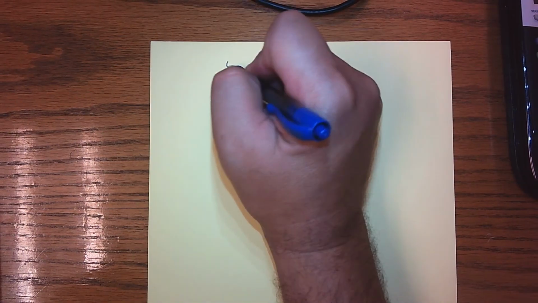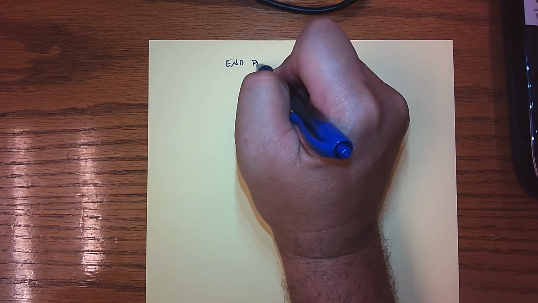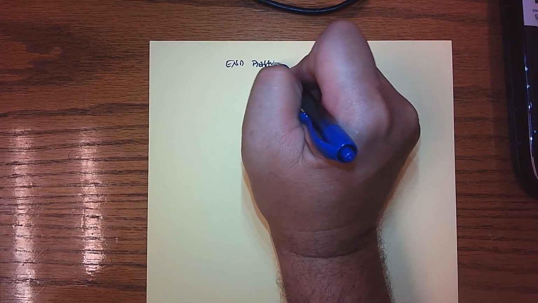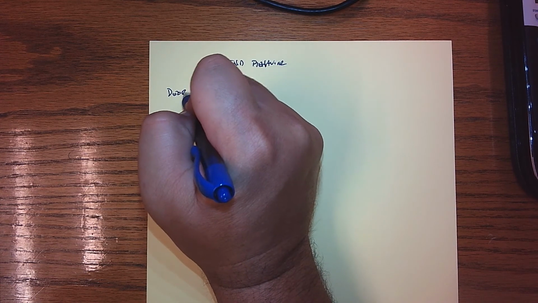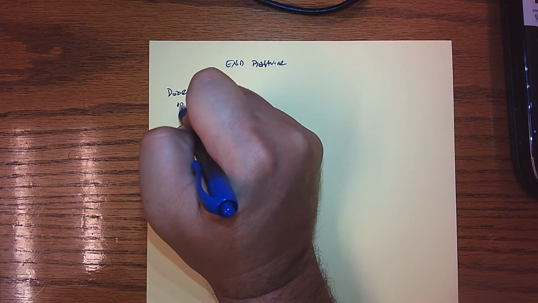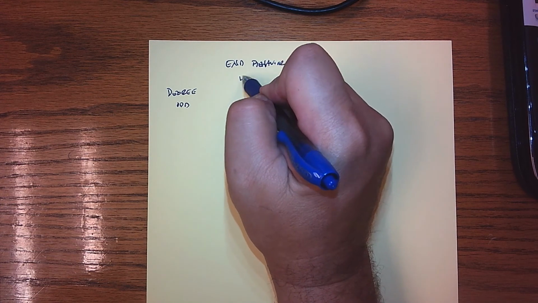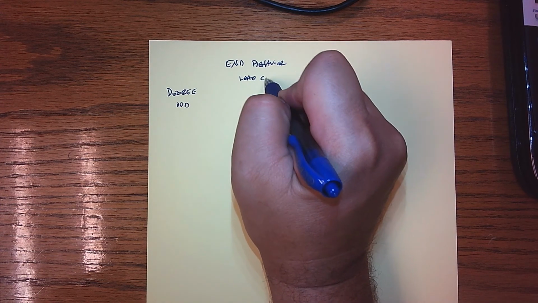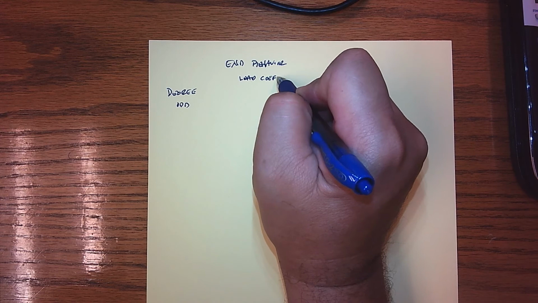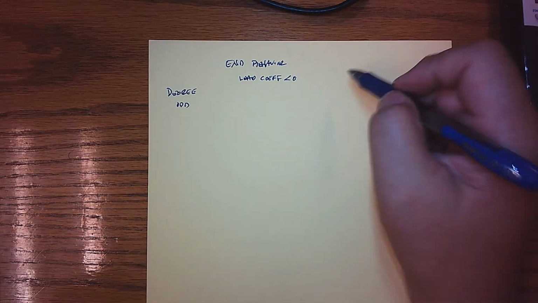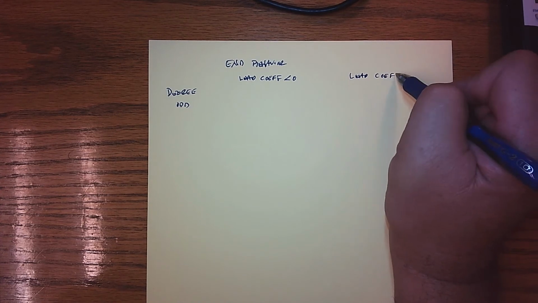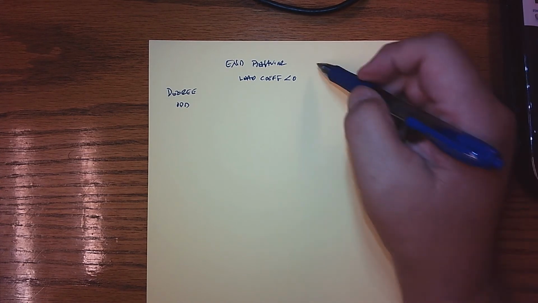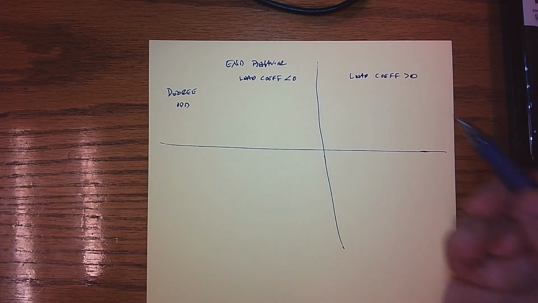So basically, our end behavior, right, if our degree is odd and our lead coefficient is negative, or our lead coefficient is positive, here's basically what's going to happen.